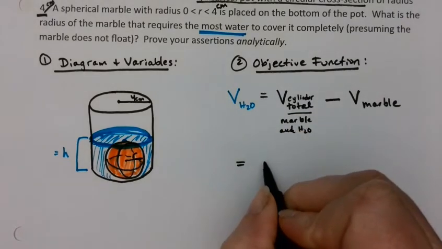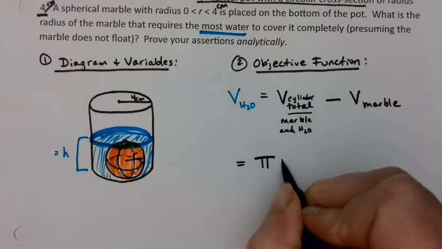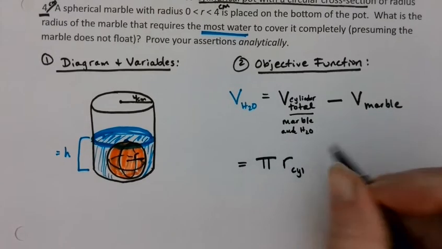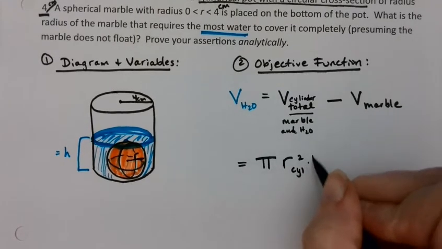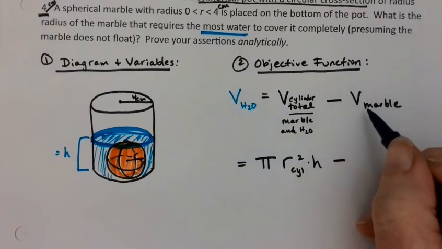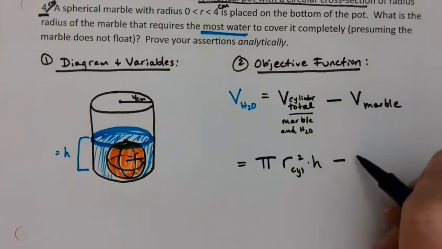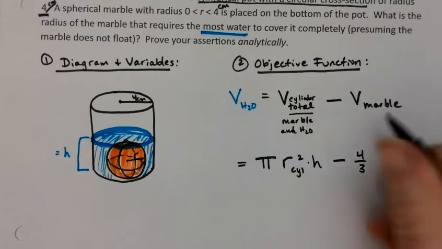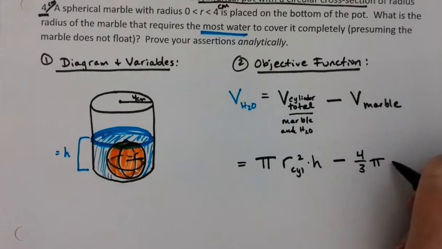The volume of a cylinder is pi, the radius of that cylinder, squared, times h, minus, right, the volume of the marble. Well, it's a sphere, so it's 4/3 pi, the radius for the marble, cubed.